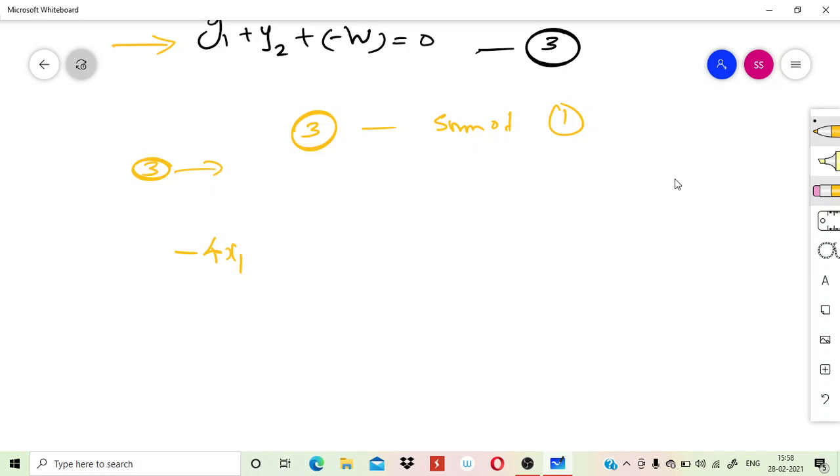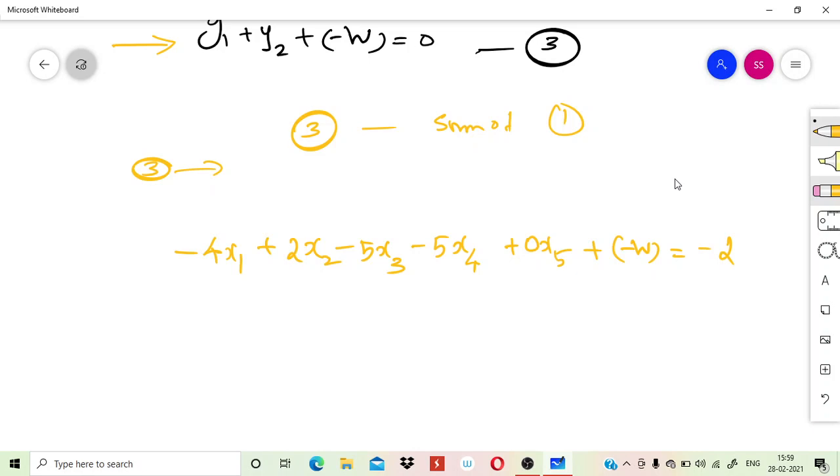So minus 4x1 plus 2x2 minus 5x3 minus 5x4 plus 0x5 plus minus w equal to minus 2 is what you will get.